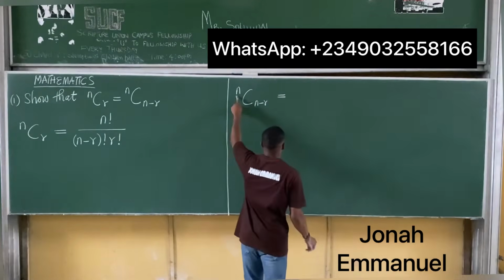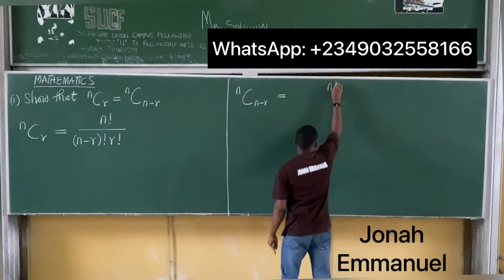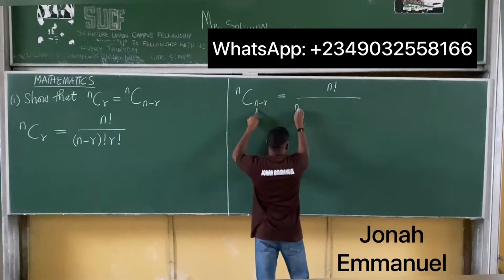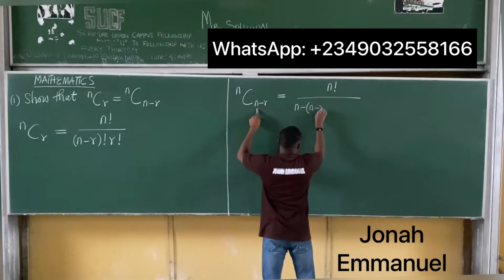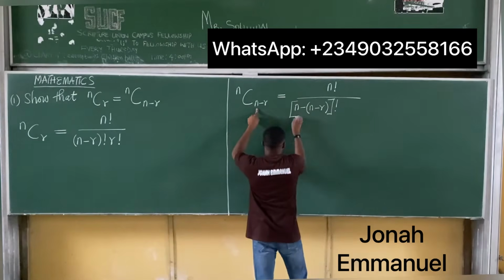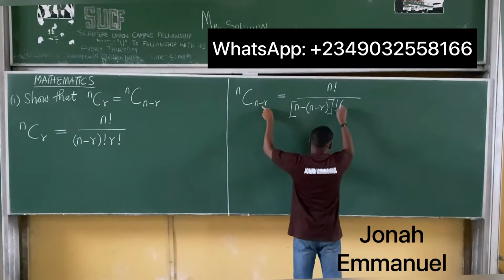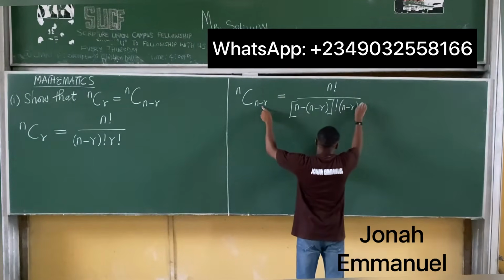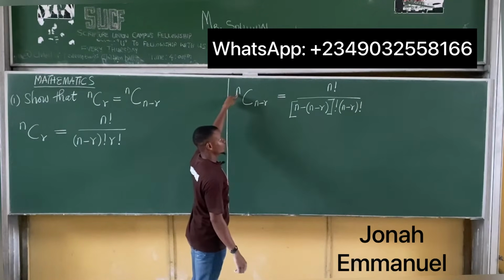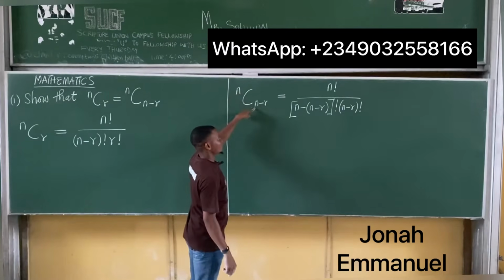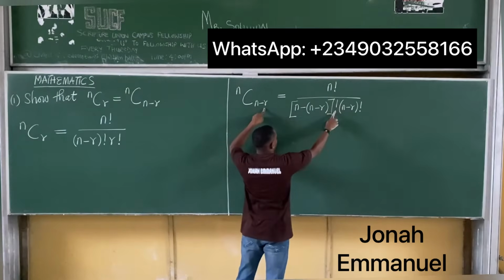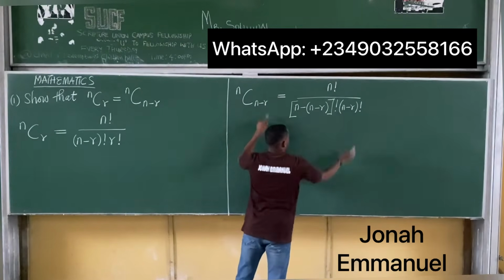That's equal to n factorial all over n minus r, all of this factorial, and then n minus r factorial. Don't forget, it is n factorial divided by n minus, in bracket, n minus r, then factorial, and then this factorial.